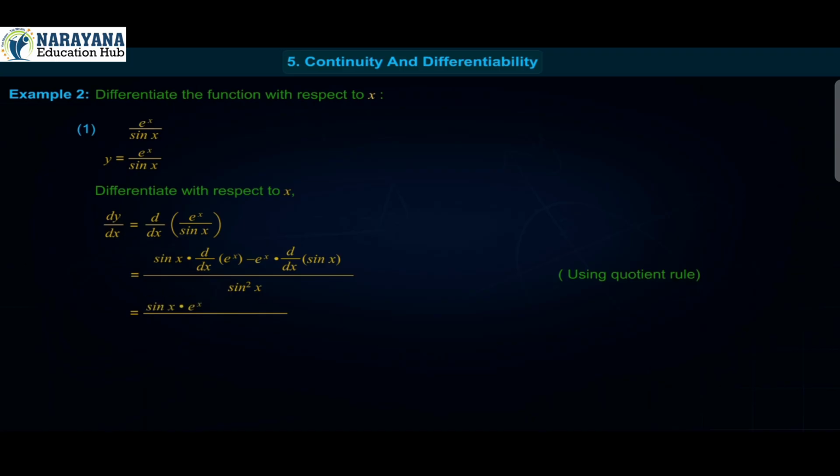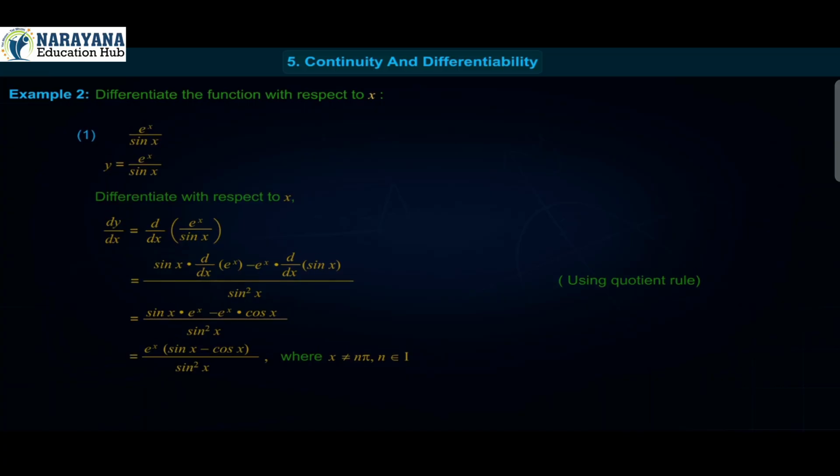This is equal to sin x into e raised to x minus e raised to x into cos x upon sin square x, which is equal to e raised to x into (sin x minus cos x) upon sin square x, where x is not equal to n pi, n belongs to I.